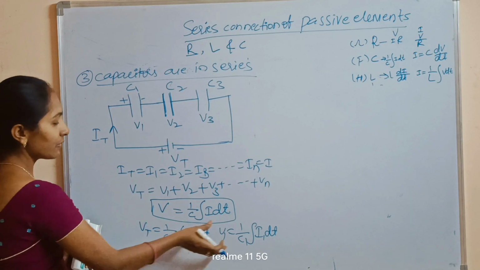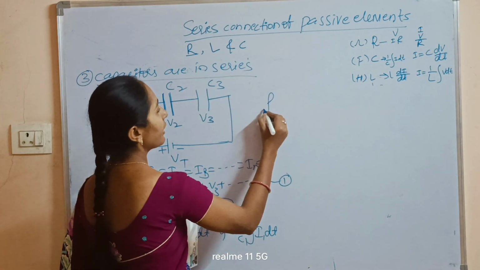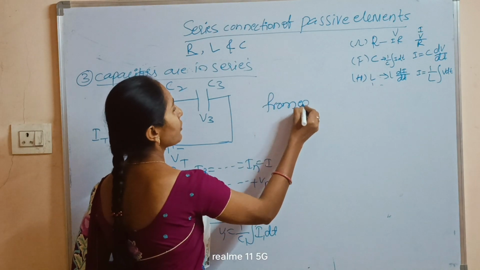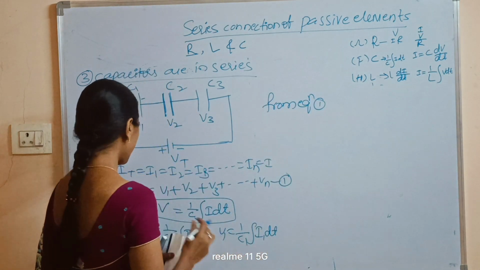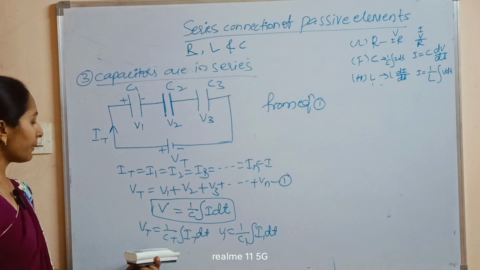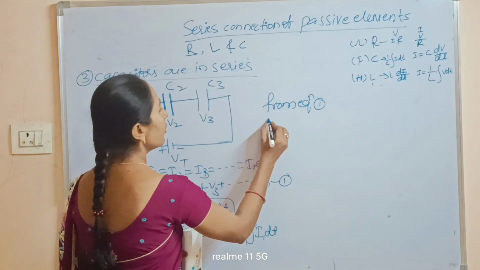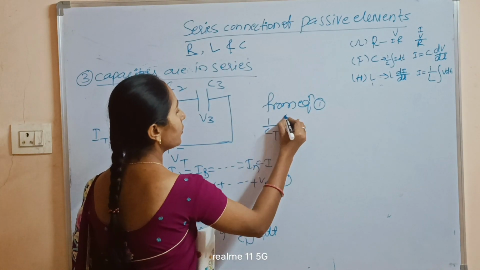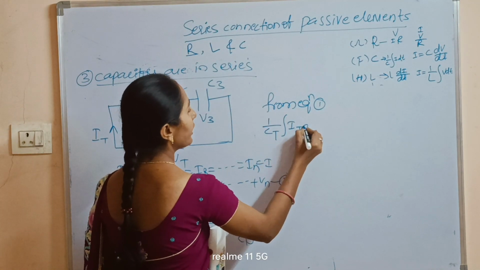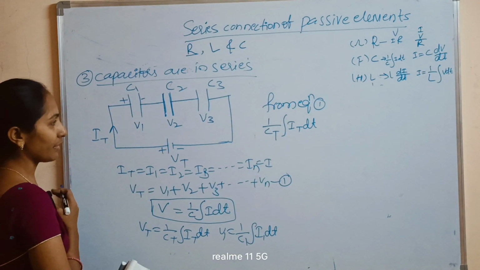Now, just substitute these values in equation number 1. From equation 1, V total is nothing but 1 by C total into integration of I total dt on left side, because V total is on left side.